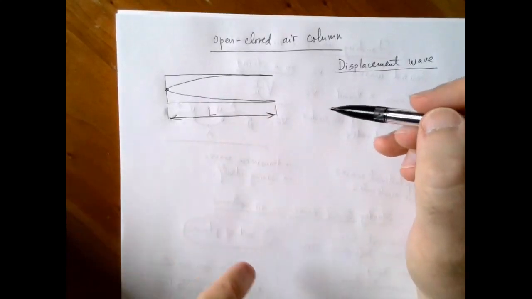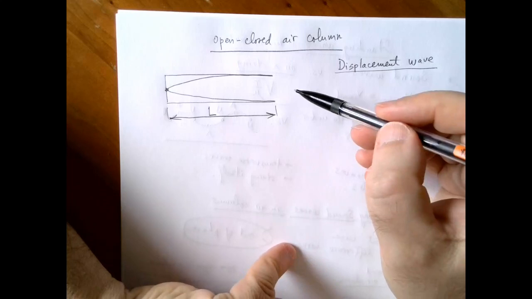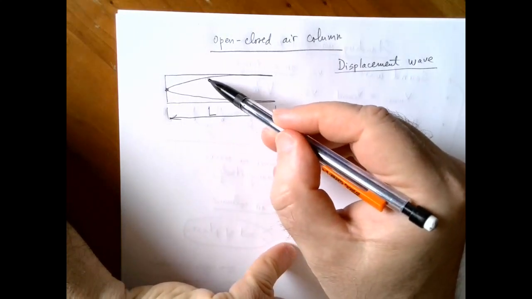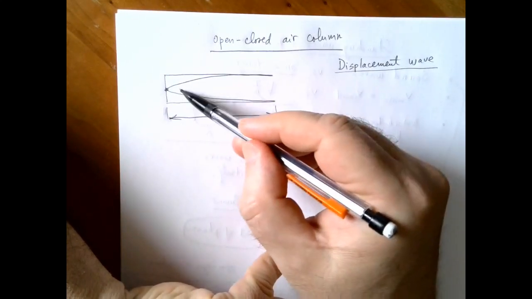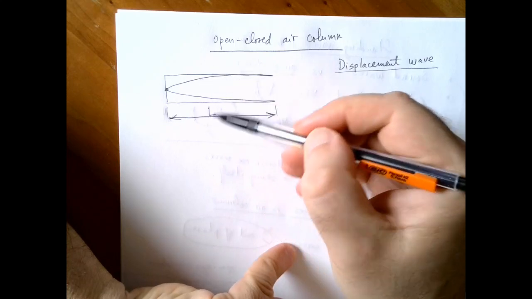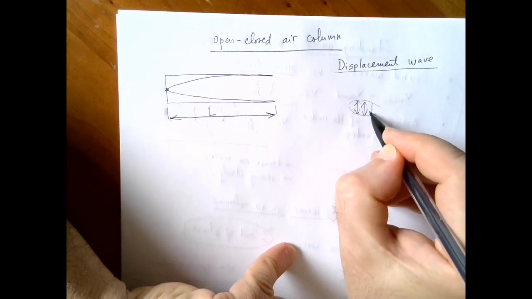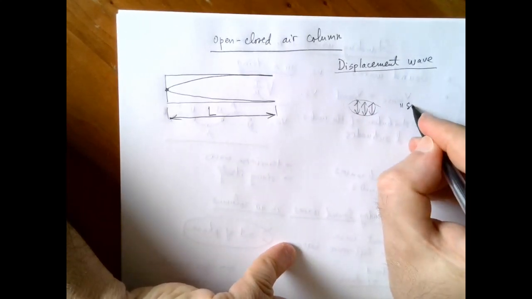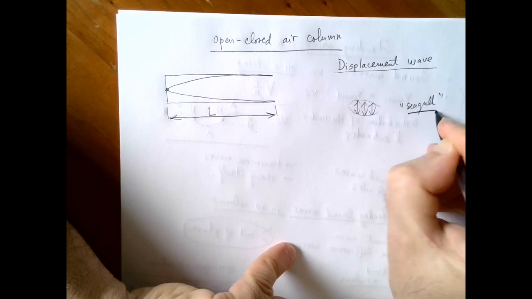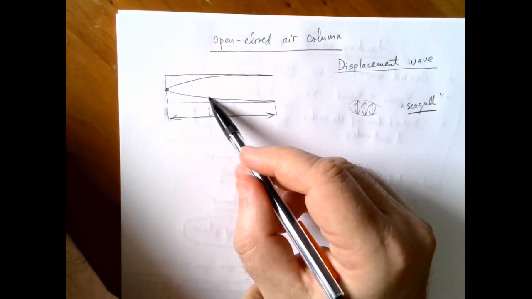But there is an important difference here with respect to waves on a string. If I drew something like this for a string, what I drew here would have been exactly the string. The string itself, remember, the string was vibrating, well, it was the seagull, right? While here, this is not how the air molecules vibrate, right?